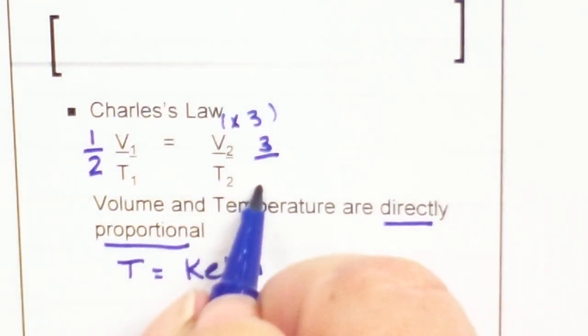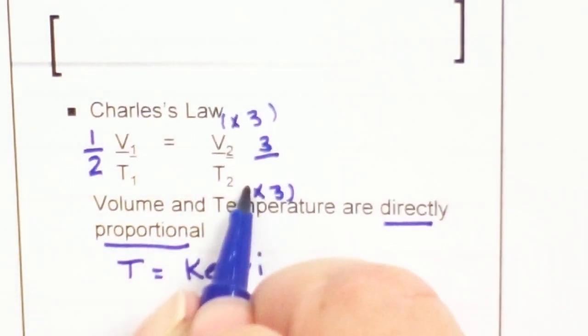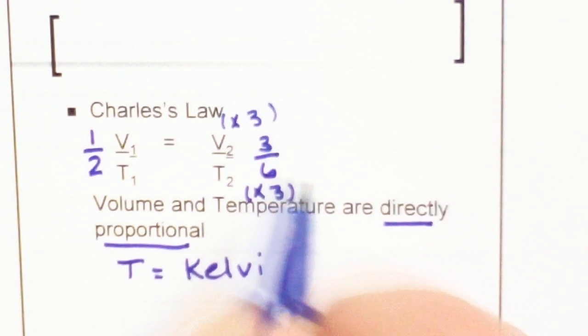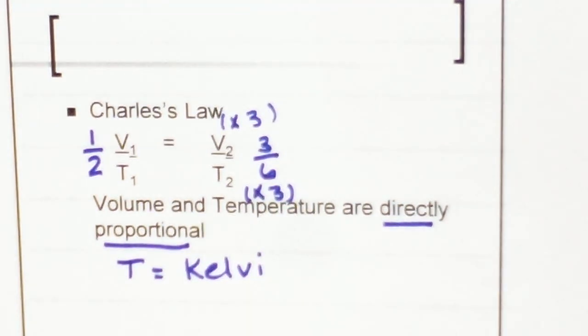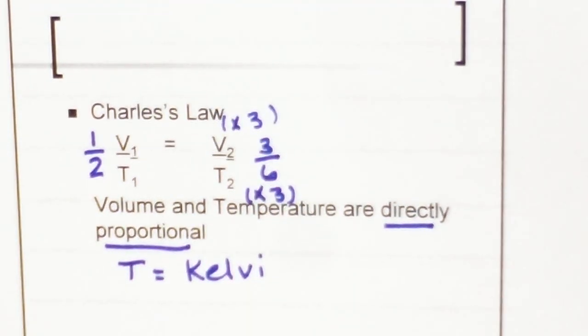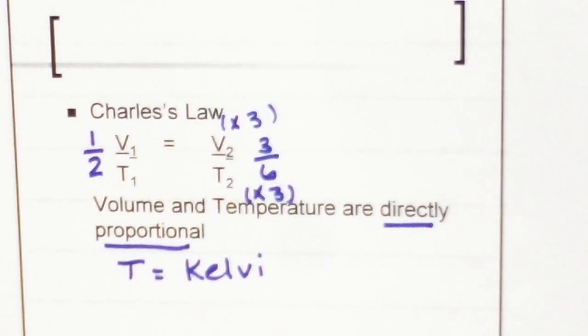I would then need to multiply my temperature times 3, and I would get 6 for my temperature. That would be the same fraction. It is still 1/2, because this is directly proportional. What I do to one, I'm going to do to the other. In indirectly proportional, what I do to one, I do the inverse to the other.